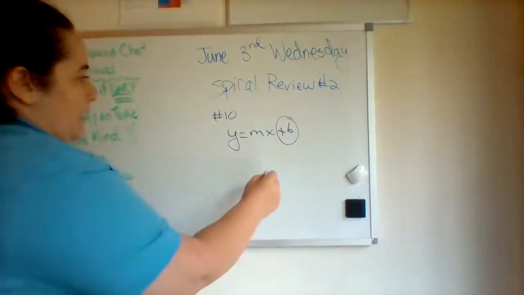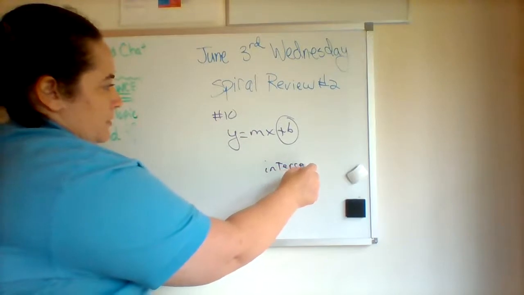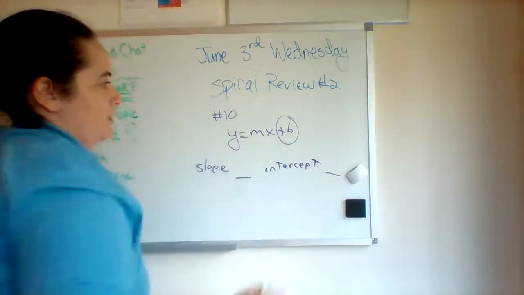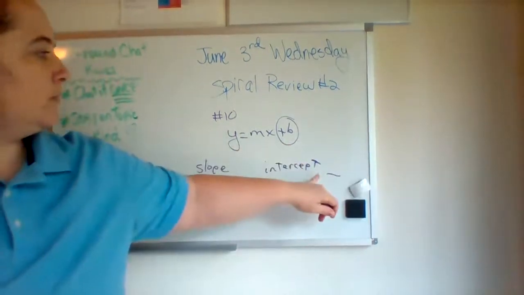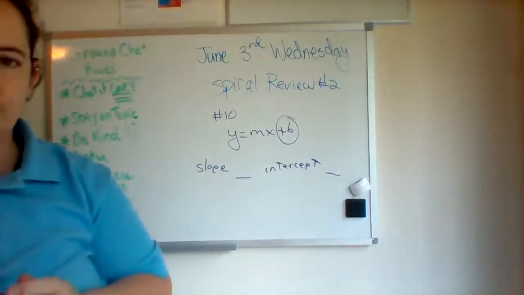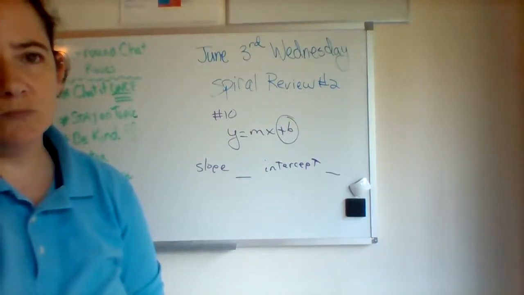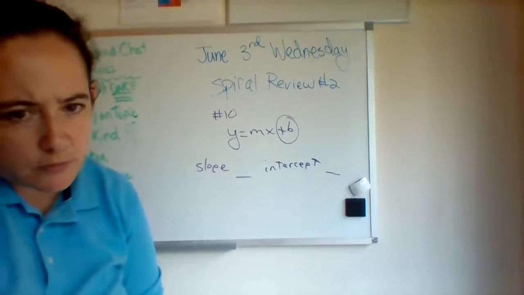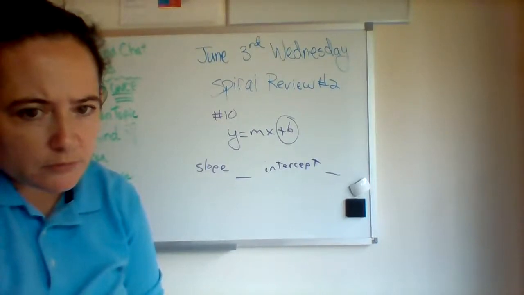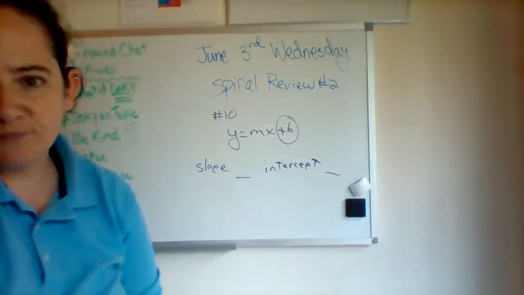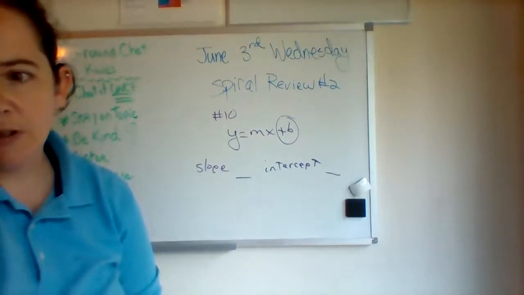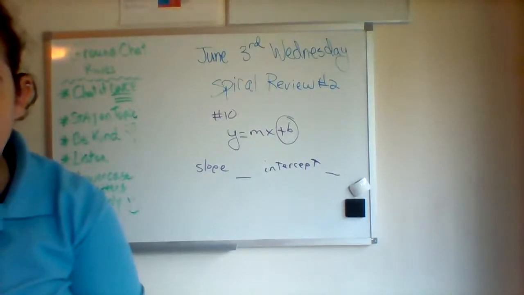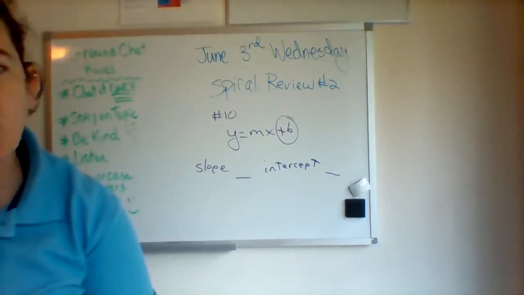So the intercept, and I guess I'll put it in the form of the actual assignment. What's the slope? What's the intercept? So take a look at the graph and tell me, where does the line hit the y-axis? Tell me where you see that the line hits the y-axis.